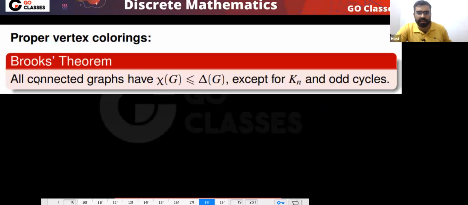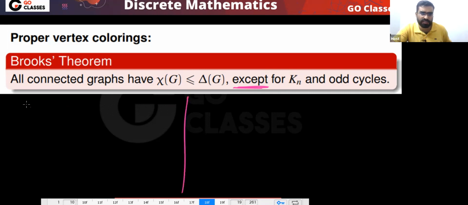What he says is that for all connected graphs, actually this works for every graph, connected or disconnected, but mostly we are interested in connected graphs. So all connected graphs have chromatic number less than or equal to maximum degree, except Kn and odd cycles.